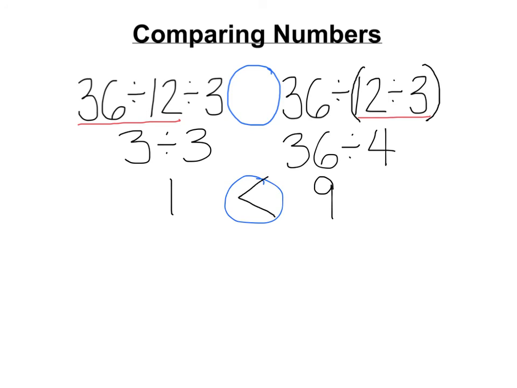So my alligator wants to eat the 9. Which means up here then, 3 divided by 3 must be less than 36 divided by 4. And then all the way up to the original problem, 36 divided by 12, then divided by 3, must be less than 36 divided by, in parentheses, 12 divided by 3.